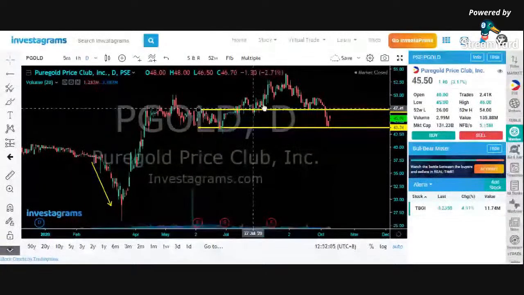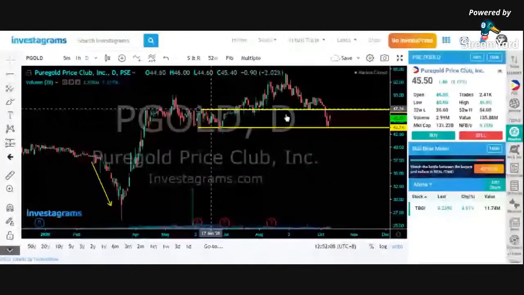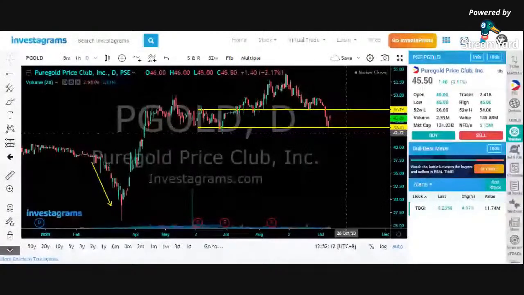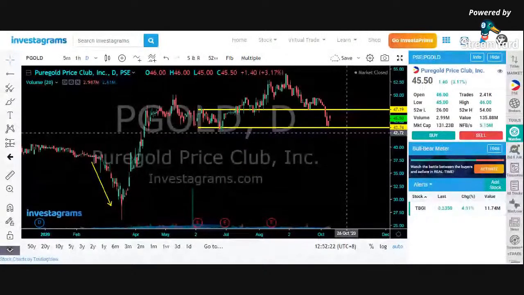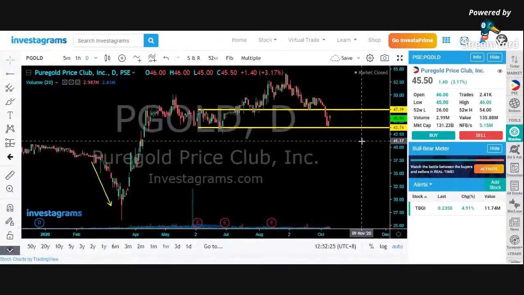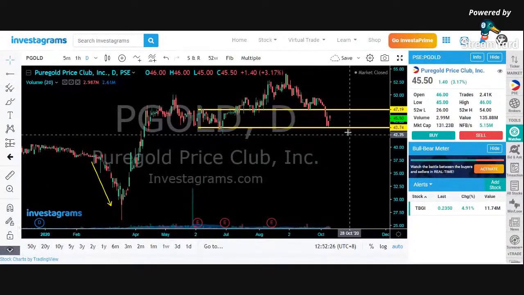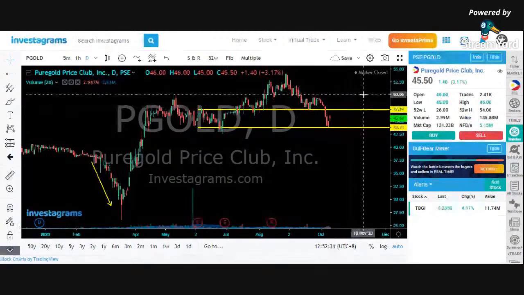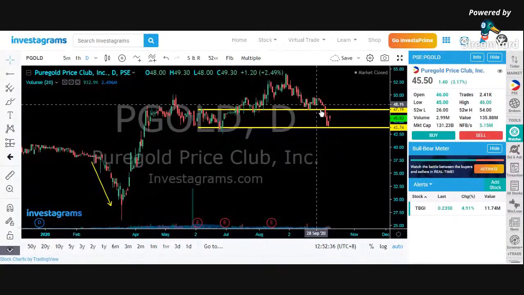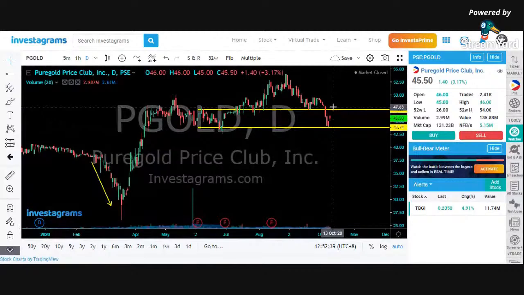So this is the resistance area around 47, 47.1, 47.2. There is no exact level of the price as I see it in the rules. This is an area. But for now, I will not buy this one unless it goes up to this location, because the momentum is losing. Although there is a price action trending down, the resistance is very near.